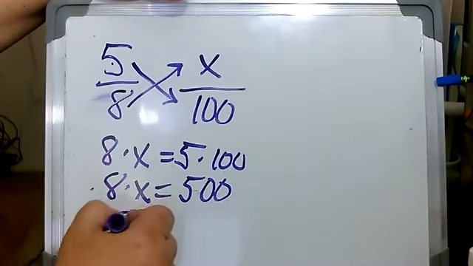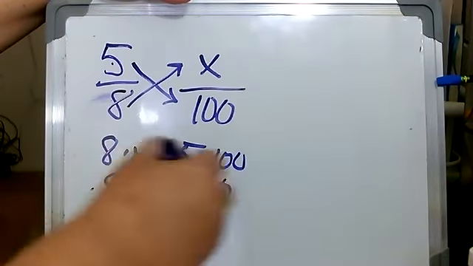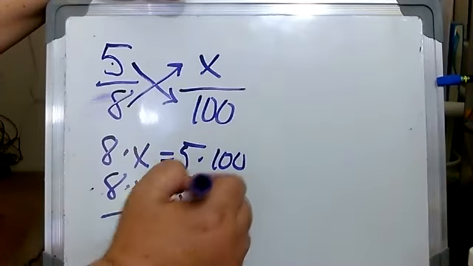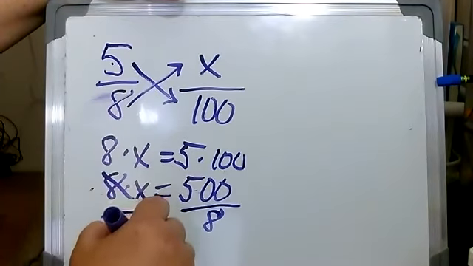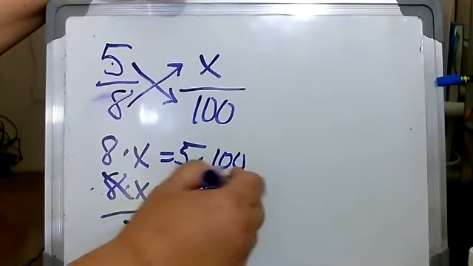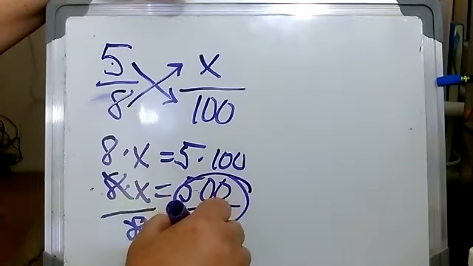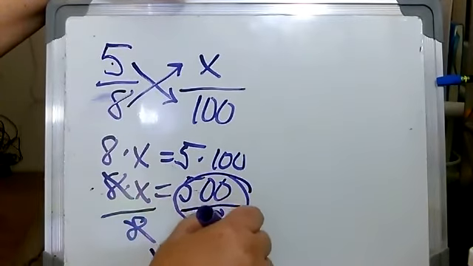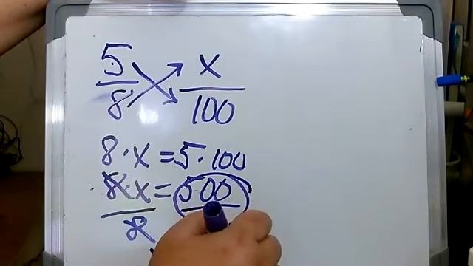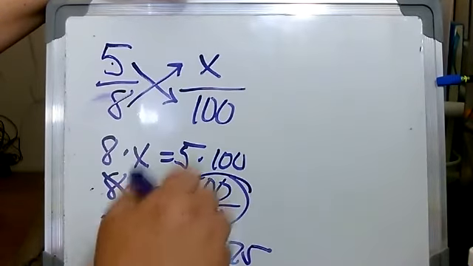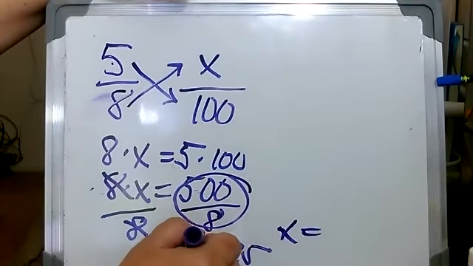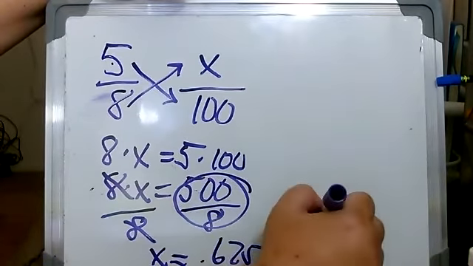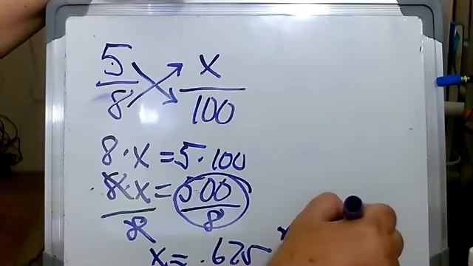So we're going to put this divided by 8, and if we do it on one side of the equal sign, we have to do it on the other. Okay, this cross cancels, so this becomes x, and when you divide this out, it becomes 0.625. Yeah? So x equals, when we move the decimal over, 62.5%.